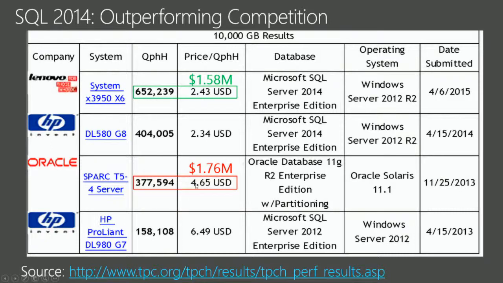Oracle is delivering at 4.65, which is twice the cost, right? And if you look at the numbers, we are giving you half the cost of Oracle and twice the performance. So I'm sure Oracle will come back and release a new benchmark, right? But the key point is with SQL Server, you should be confident that with the column store technology, you are getting world-class compression and performance at a low price. Okay.